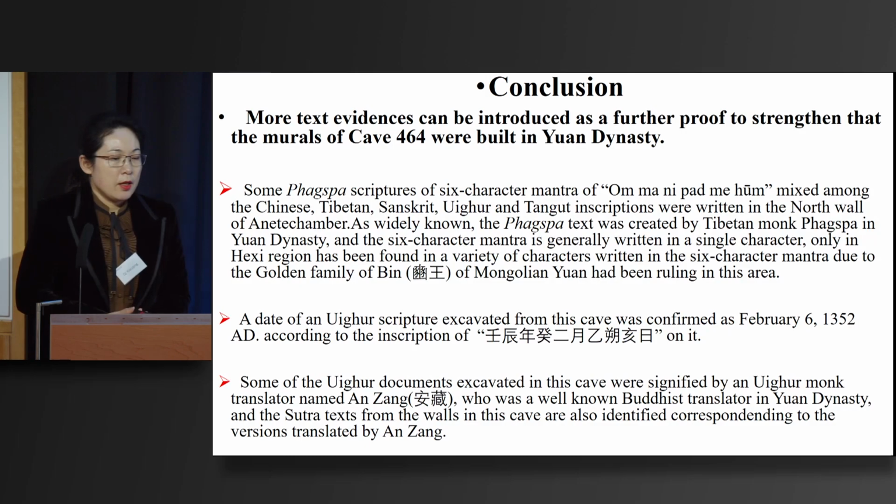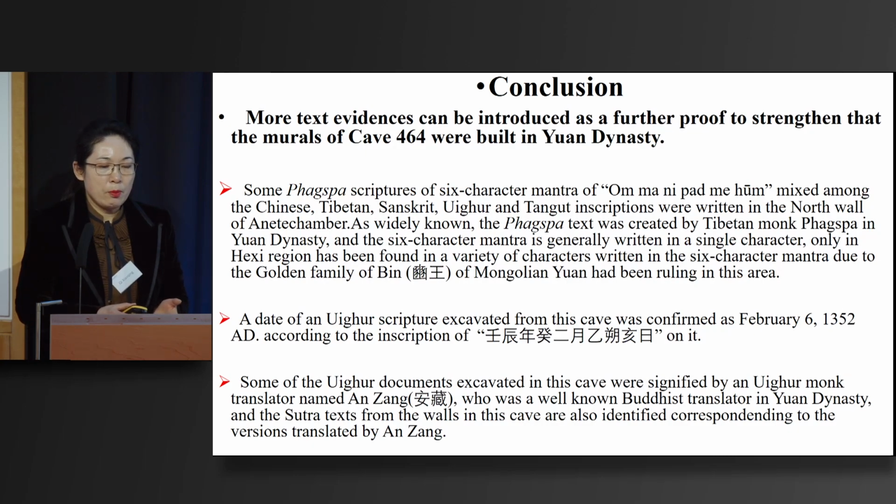In conclusion, more textual evidence can be introduced as further proof that the murals of Cave 464 were built in the Yuan Dynasty. The first is some Phags-pa scriptures of the six-character mantra Om Mani Padme Hum, mixed among the Chinese, Tibetan, Sanskrit, Uyghur, and Tangut inscriptions, written on the north wall of the antechamber.